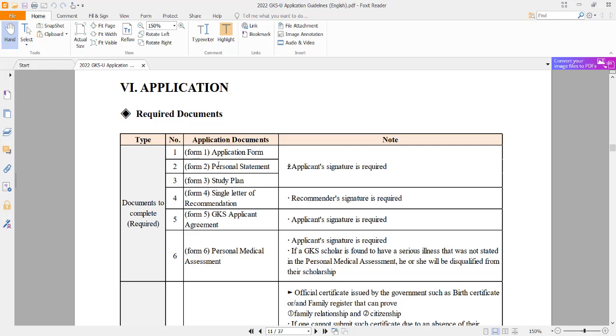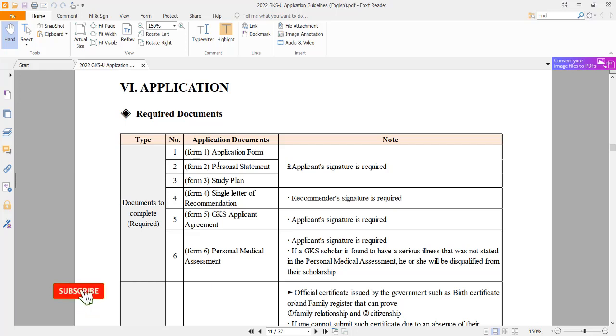So if you're going for mechanical engineering, you can write that in the first year of engineering, I'll be studying the basics of mathematics and the basics of engineering, like that. The second year I'll be doing some internships, and I'll be covering basic subjects like thermodynamics and all those things, so you can mention that in the study plan.